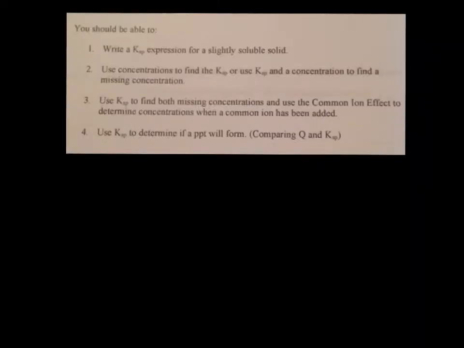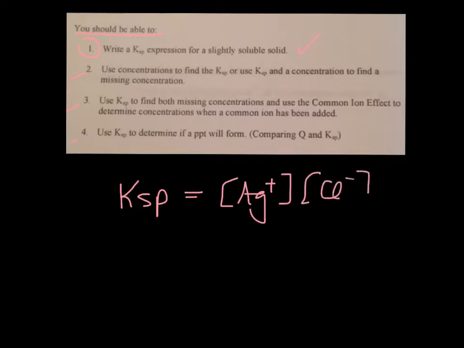Now for KSP, there's 4 things that I'm going to want you to be able to do. Okay, one is to write the expression. Well, that's all there was to that, so you know how to do that now. Okay, and then in the next 3 videos, I'm going to show you how to do these 3 things. Does it make sense if you have an expression like KSP is a concentration of silver ion times concentration of chloride ion?